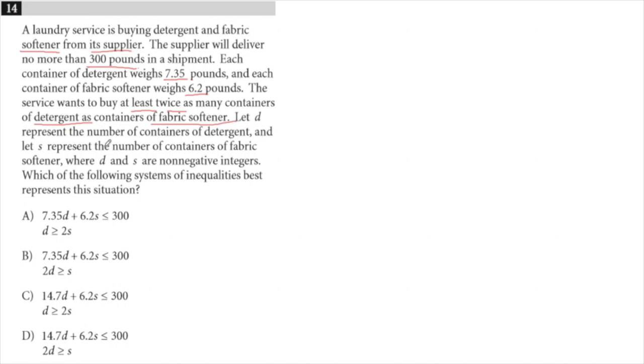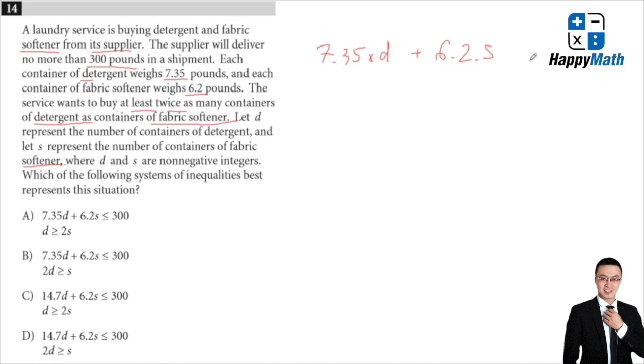So we let D represent the number of detergent, S will be for softener, and D corresponds to 7.35. So the total weight you got here is this expression, and for softener 6.2 times S, and the total weight here has to be no more than, it means less than or equal to 300.